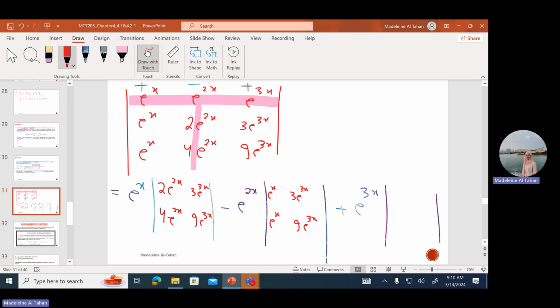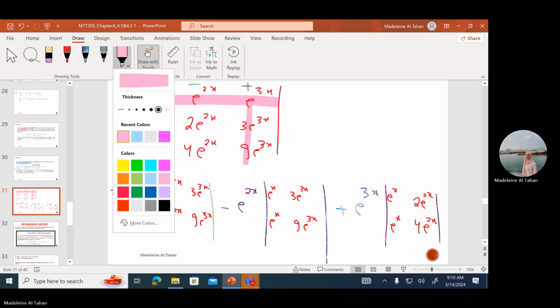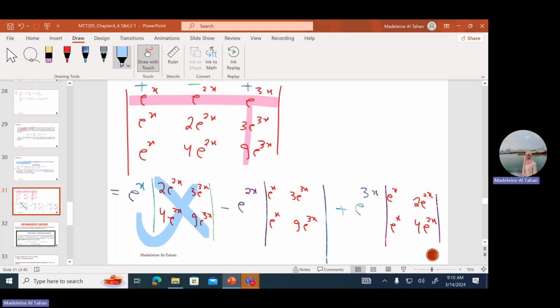Now, what should we cover? Third, what are we left with? e^x, here e^x, 2e^2x, and 4e^2x. Now, instead of the determinant of a 3 by 3 matrix, we broke it up to get determinants of 2 by 2 matrices. So the determinant of this one is equal to what? AD minus BC.